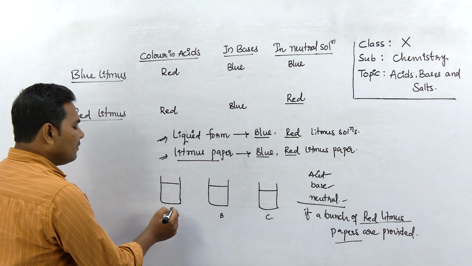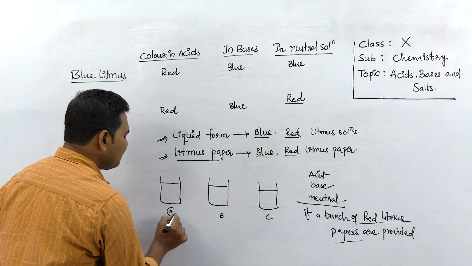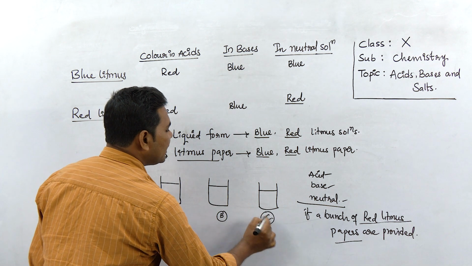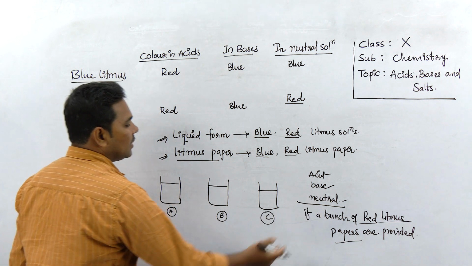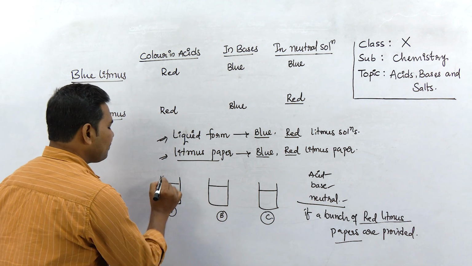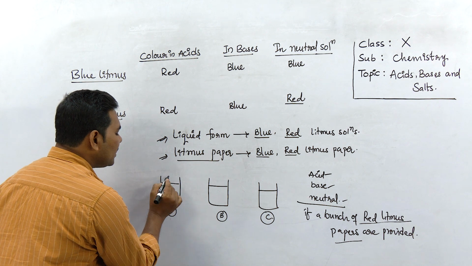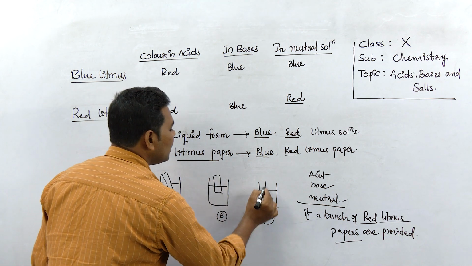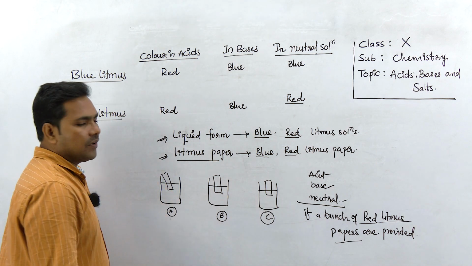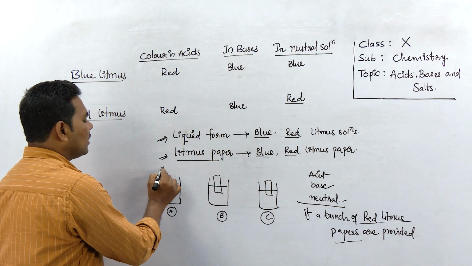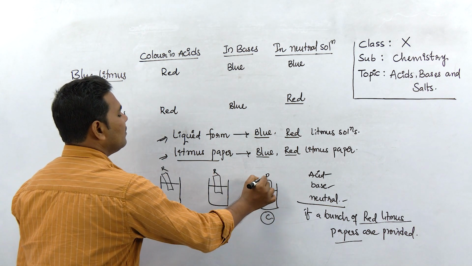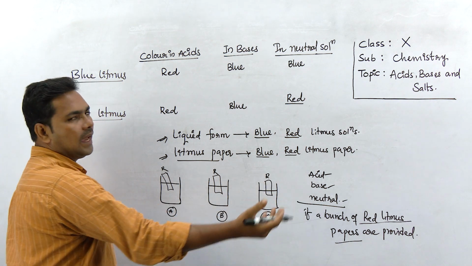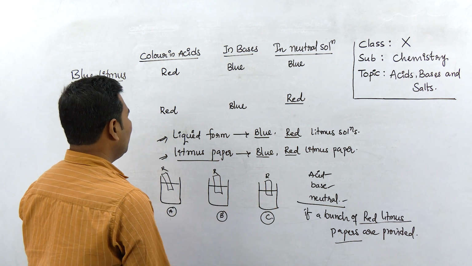Now, we have three solutions A, B, C. Let us take red litmus. Let us dip one red litmus in each of these three solutions provided. We are provided only red litmus, but any number of red papers can be used.